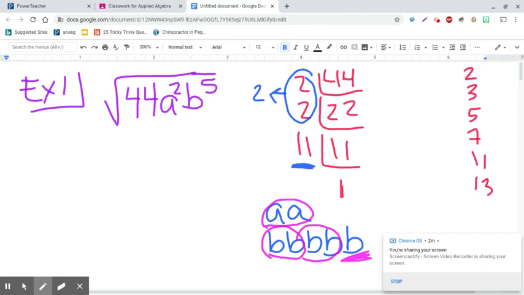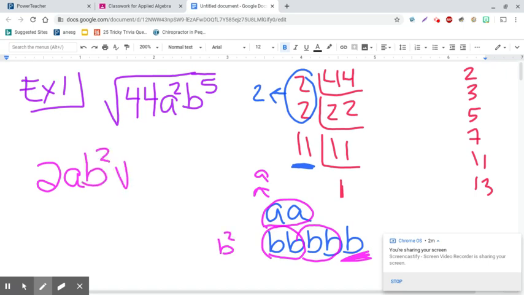Everything that I circled comes out, outside of my radicand. This is your radicand. We took out a 2, that's all we took out from my number. We took out how many groups of A's? Just 1, so A. How many groups of B's? 1, 2. So B squared.